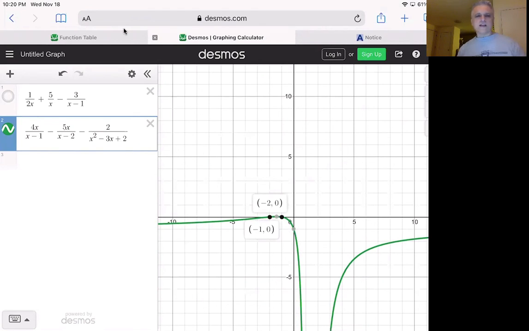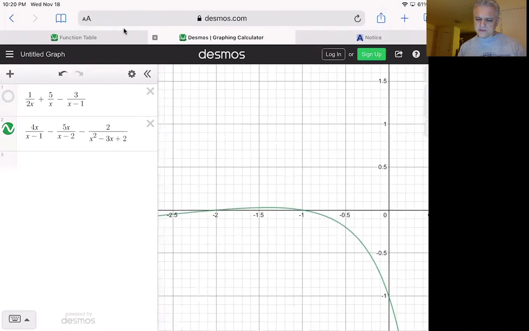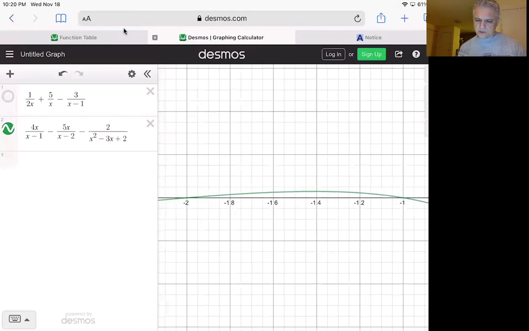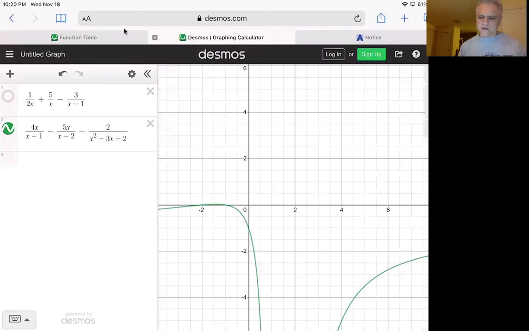Okay? So negative 1 and negative 2 are zeros. If I zoom in a little bit further, you can see that there's your 0 at negative 2, then it pops up above the x-axis and then comes back down to negative 1. Okay? All right. So let's go back and sketch it.